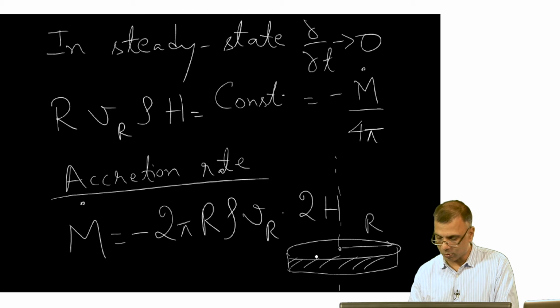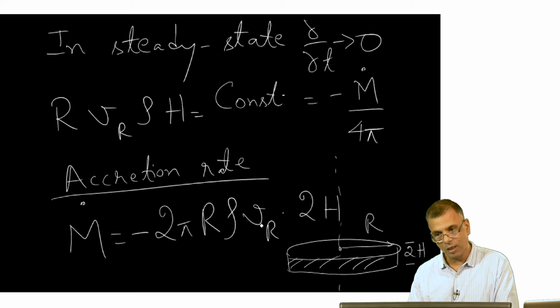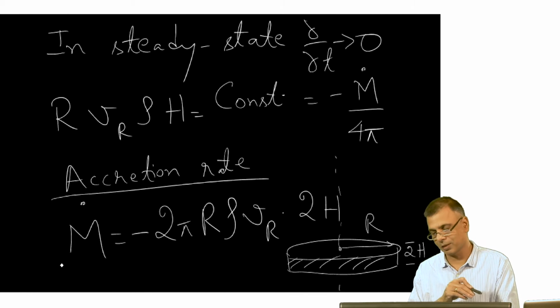So it would be 2 pi r times 2h, right. So that is the area, and the area times the mass density times the accretion velocity obviously gives you grams per second. So that is essentially what this equation is saying.